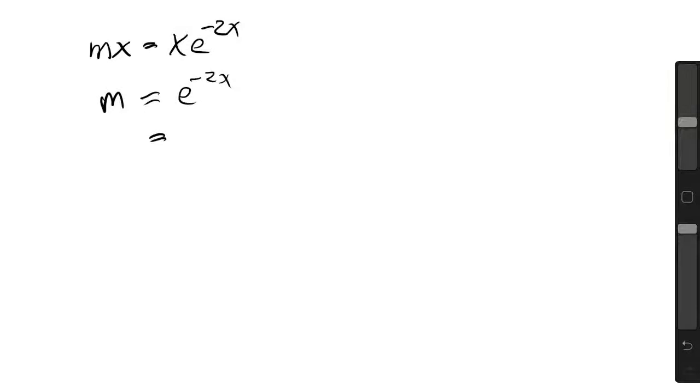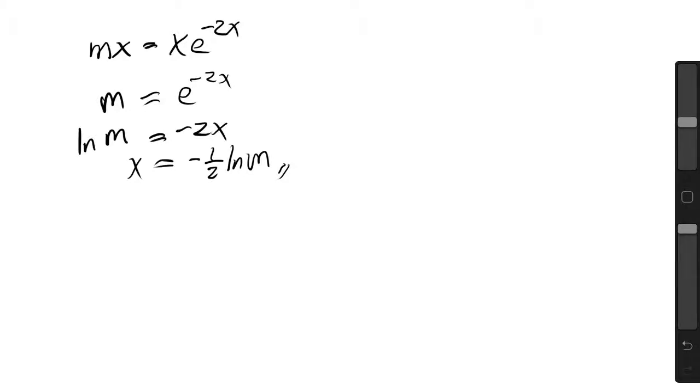So natural log of m is just minus 2x, and therefore x has to be minus 1 on 2 ln m, which is what we were given. So that is an easy 3 marks in the pocket.